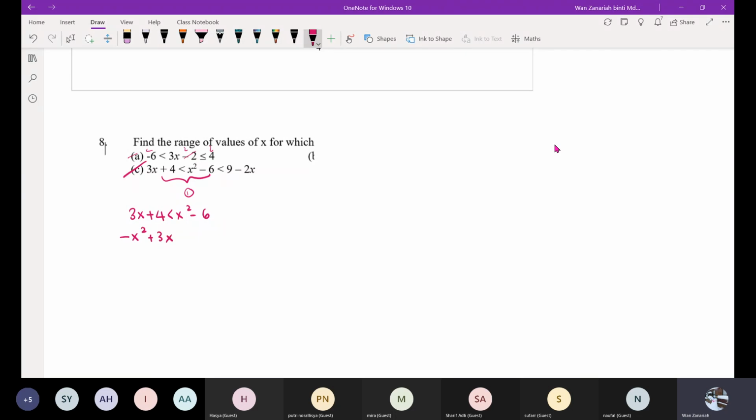Okay, 4 plus 6, how much? 10, madam. Okay, 10, less than 0. Okay, now I am multiplying with a negative number. I multiply with negative 1.